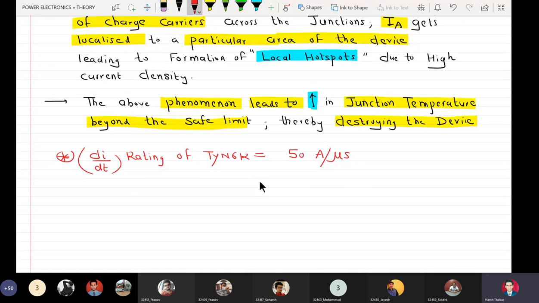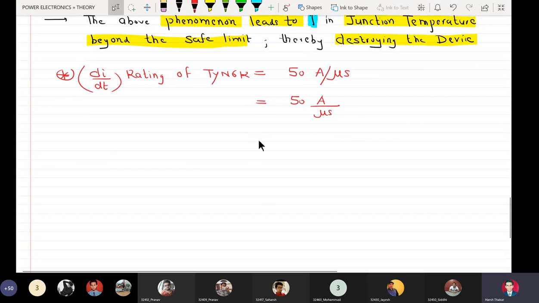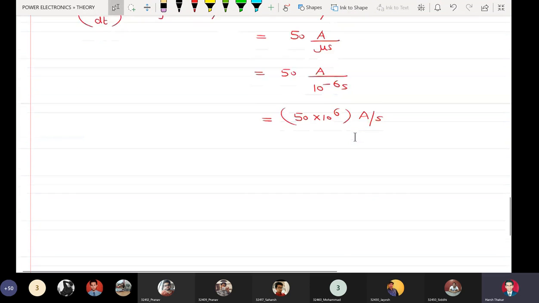So you can imagine, if I want to convert microseconds into seconds, then 50 ampere per microsecond is equal to 50 amperes upon 10 raised to minus 6 seconds, which comes out to be 50 into 10 raised to 6 ampere per second. It is huge.